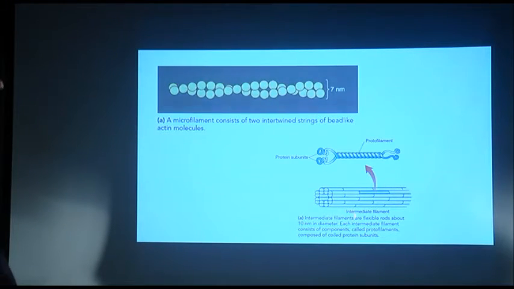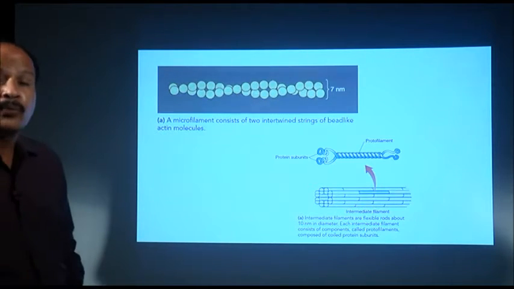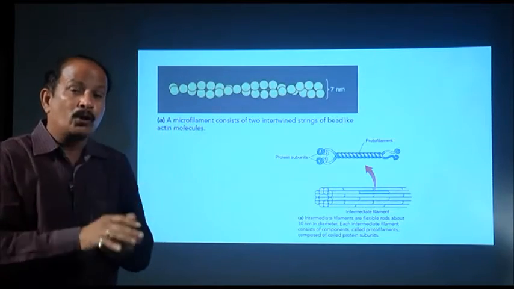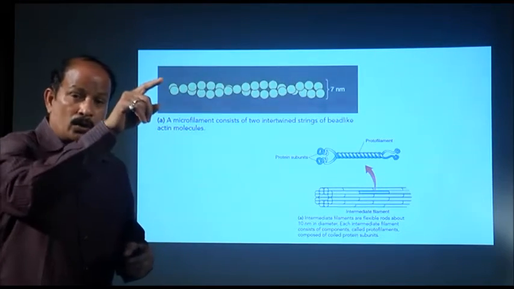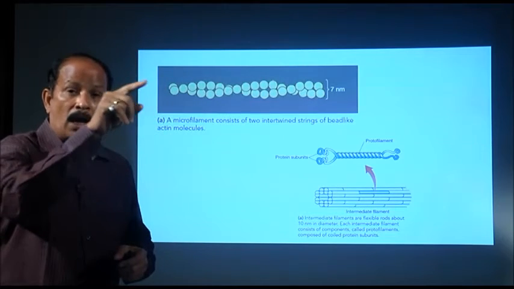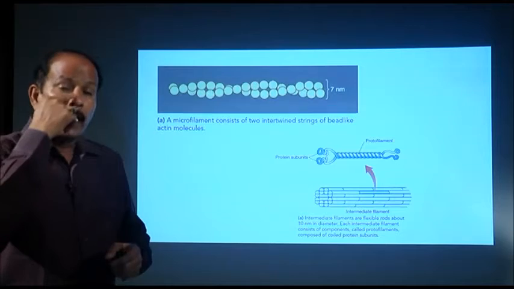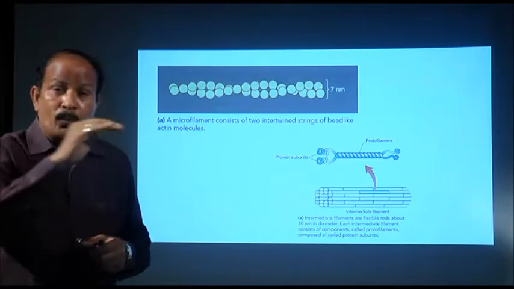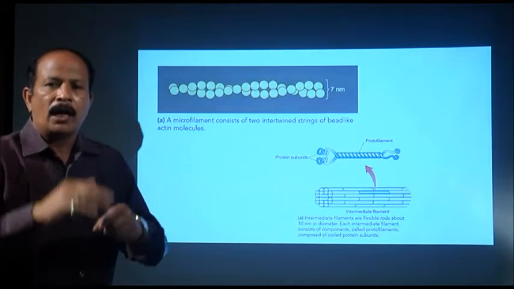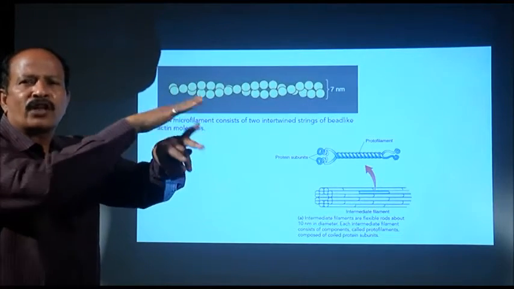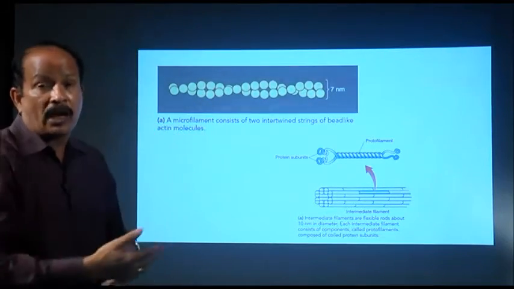And let me tell you, these intermediate filaments provide shape to the nucleus. We have studied that the nucleus is spherical, and the nuclear envelope has an outer membrane and an inner membrane. Below that there is a layer, a thin layer of protein filaments, like a cloth mesh under the paper of an envelope, that strengthens that.